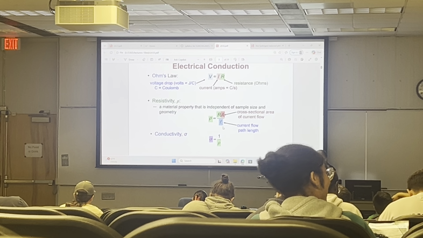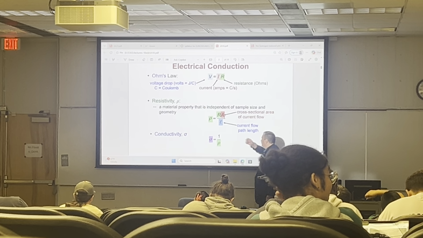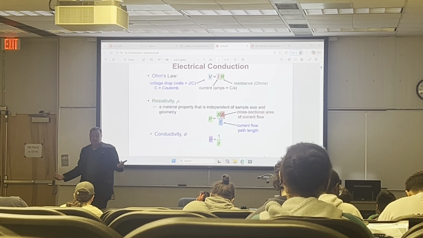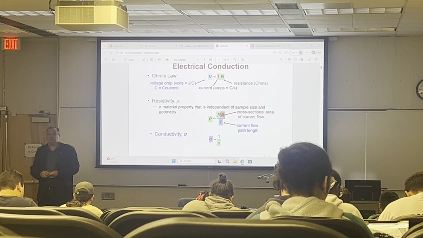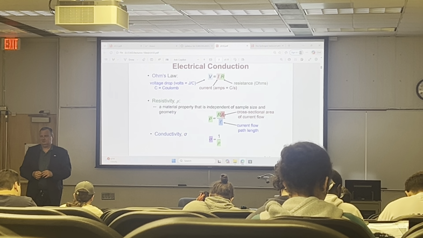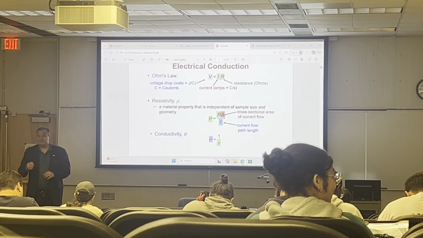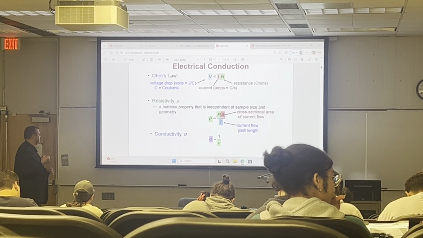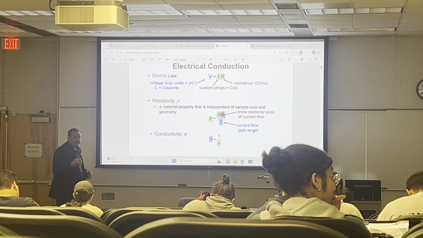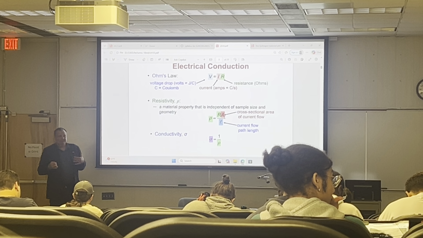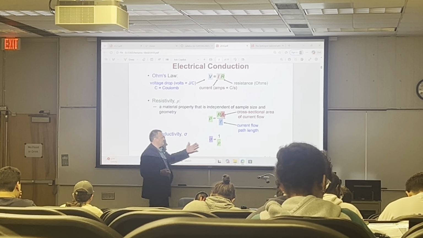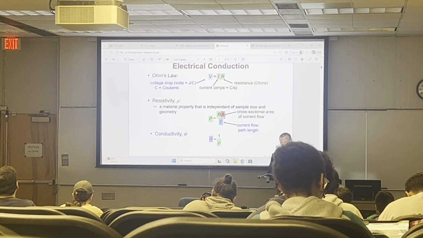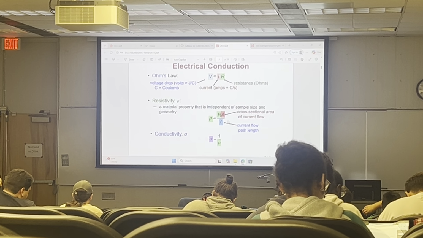And you can see that by taking the cross-sectional area and the length of your wire, you're basically taking the geometry out of this equation. That's the difference between the resistance in ohms versus resistivity. And then conductivity is 1 divided by the resistivity. Please remember that and keep it in mind.